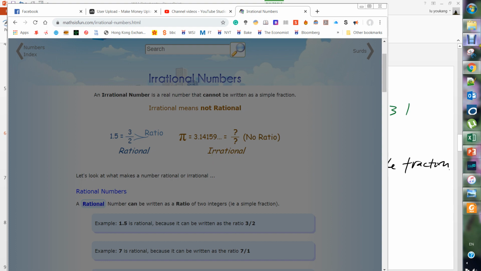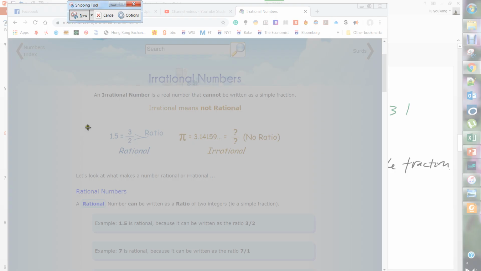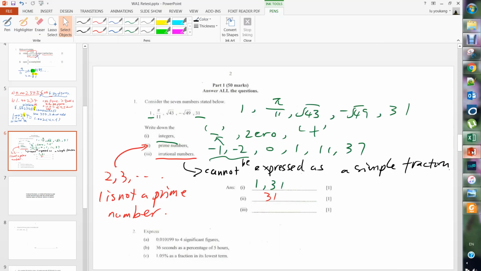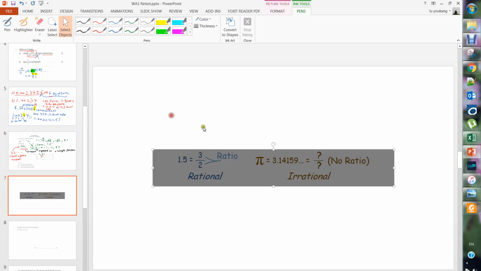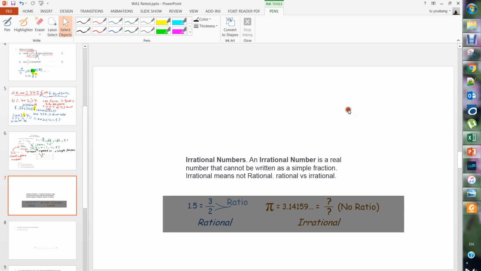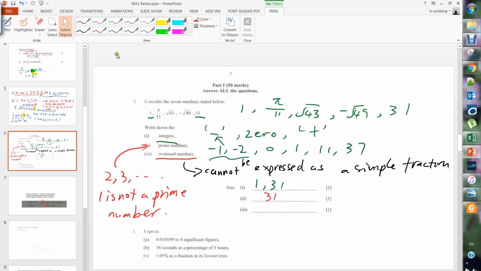Clearly you can see that pi is irrational. So in this case, if you want to find irrational numbers, clearly here, this one, pi over 11.